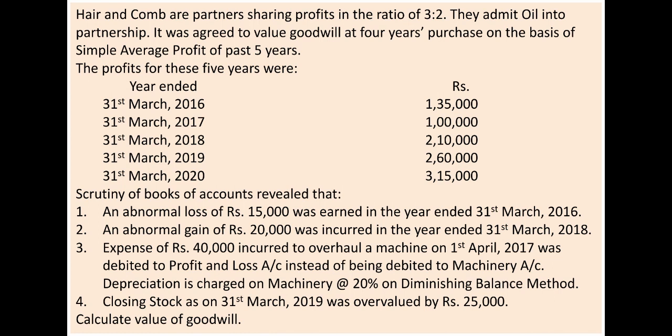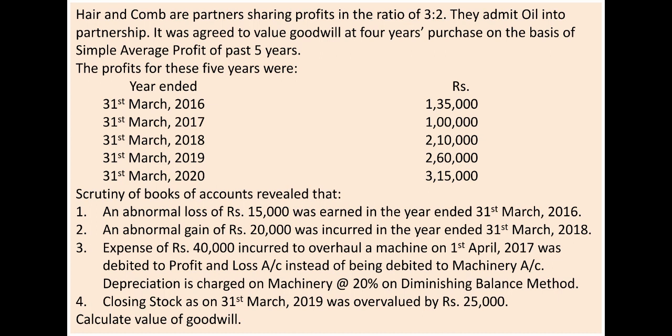As this is 1st April which comes before 31st March, we will solve our third entry first. Then depreciation is charged on machinery at the rate of 20% on diminishing balance method. Closing stock as on 31st March 2019 was overvalued by rupees 25,000. Calculate the value of goodwill.